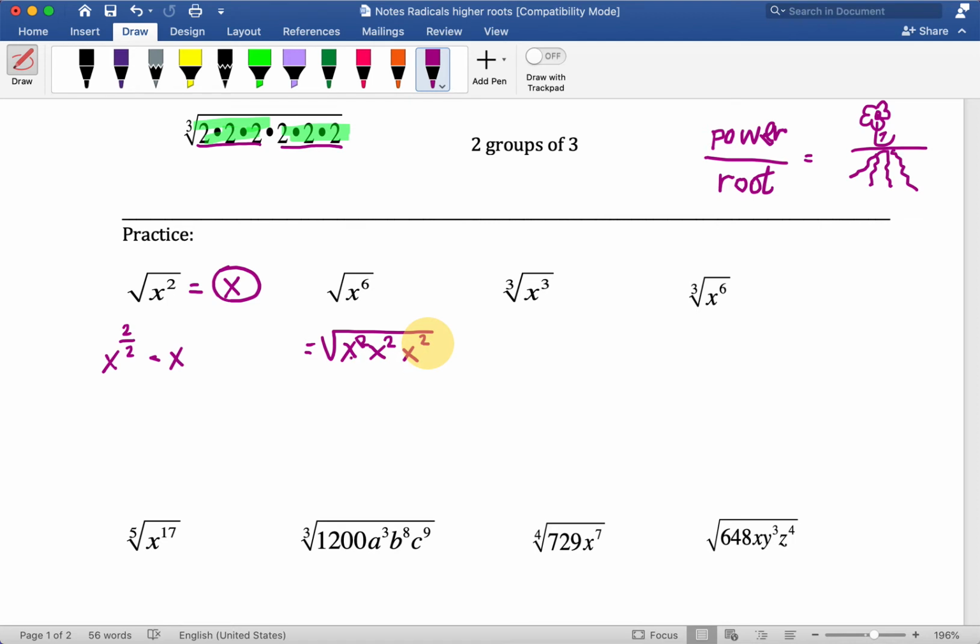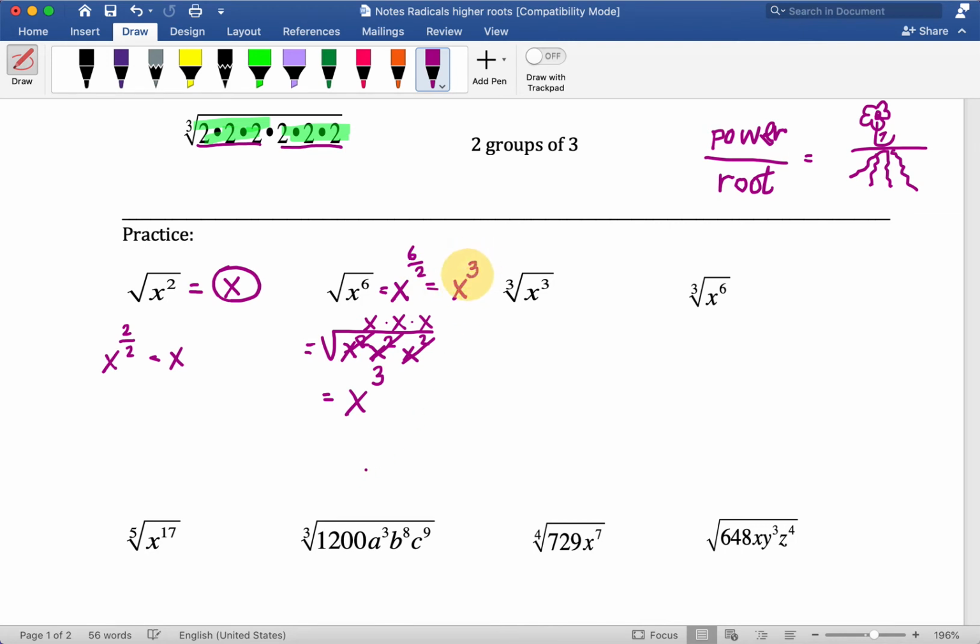I have 3 x squared. That's going to come out. That's going to be equal to what? This is going to come out as an x. This is going to come out as an x. This is going to come out as an x. And what's x times x times x? That's x to the power of 3. I could do power over root. I could do x to the power 6 over root 2 and get x cubed.